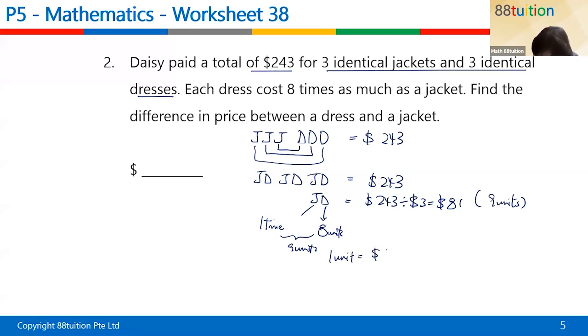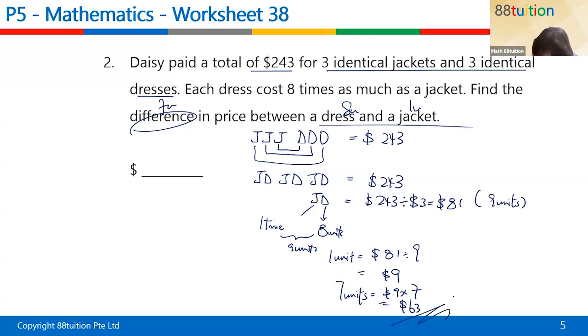You get $81, then divide by 9. Each unit is $9. Okay, but he wants the difference in the prices, so you have to use the dress, which is 8 units, the jacket is 1 unit, and the difference will be 7 units. So you just times 7 to get 63.